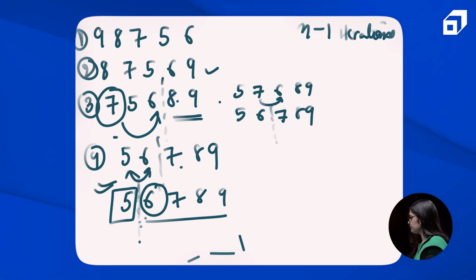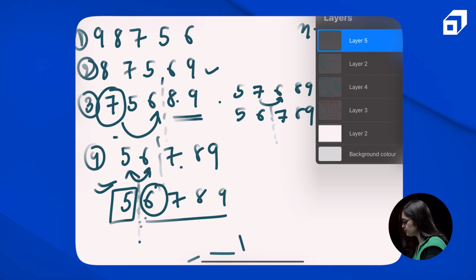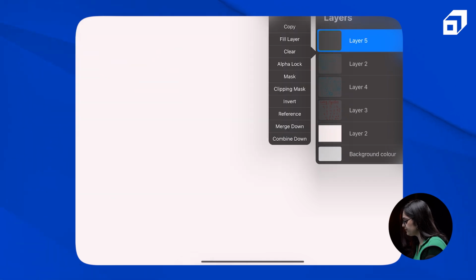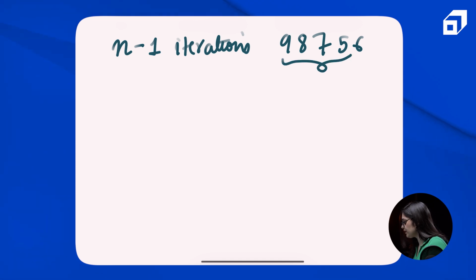So let's see what we've established, and let's try to write the pseudocode for our algorithm. So we established that we have to do adjacent element swapping for n minus 1 times. Also, when our array was 9, 8, 7, 5, 6, for the first time, we were comparing the first 4 elements with their adjacent elements.